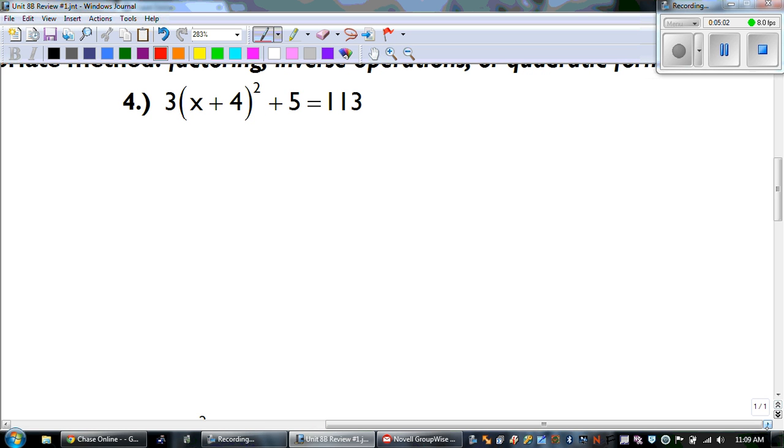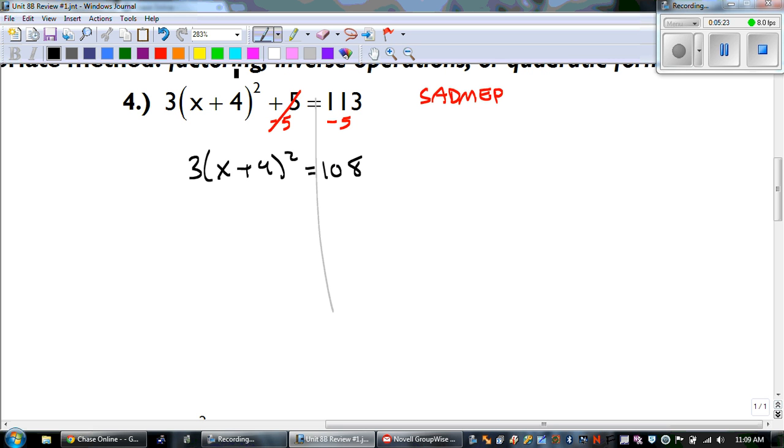Right away, number 4, I know I'm going to solve this by SADMAP because it's in vertex form. Okay? So inverse operations, I'm going to subtract the 5 first. I have 3 parentheses x plus 4 squared equals 108. Next, I need to cancel multiplication with division.